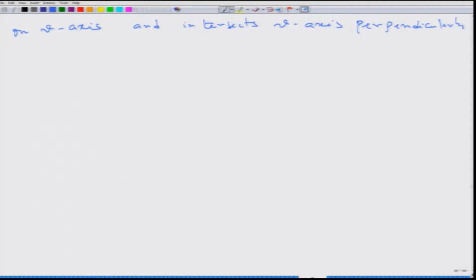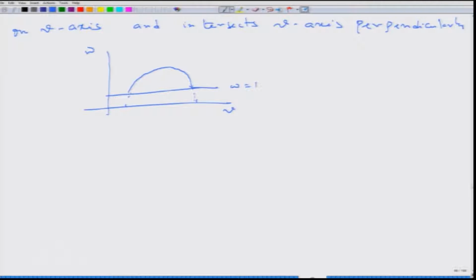So, if I draw this in the wv plane, this is w equal to 1, this is w axis, v axis. The geodesics look like this, part of this semicircle.